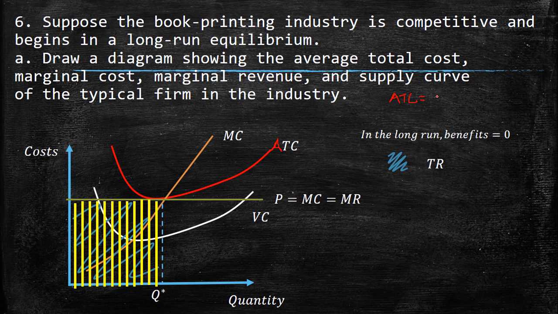The average total cost is the total cost over the quantity. If you multiply by the quantity, then you have the total cost. So here this one is the total cost. So if those are equal, the benefits are zero.